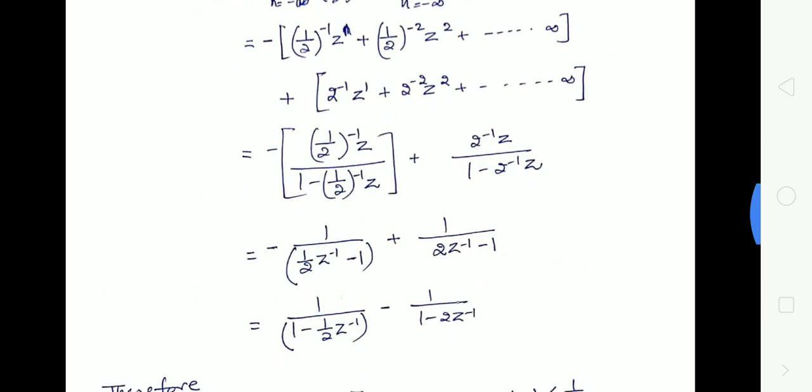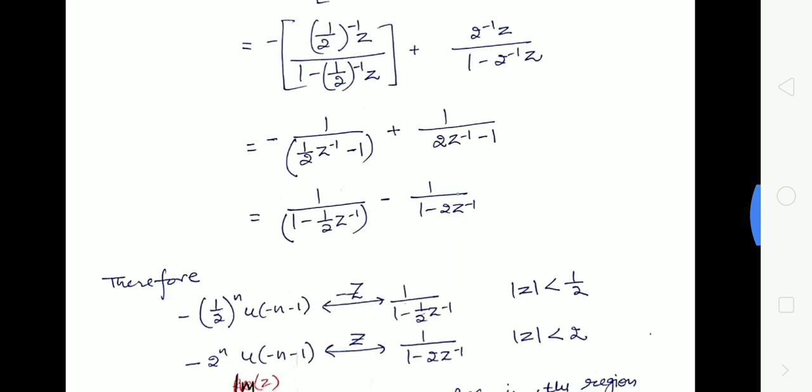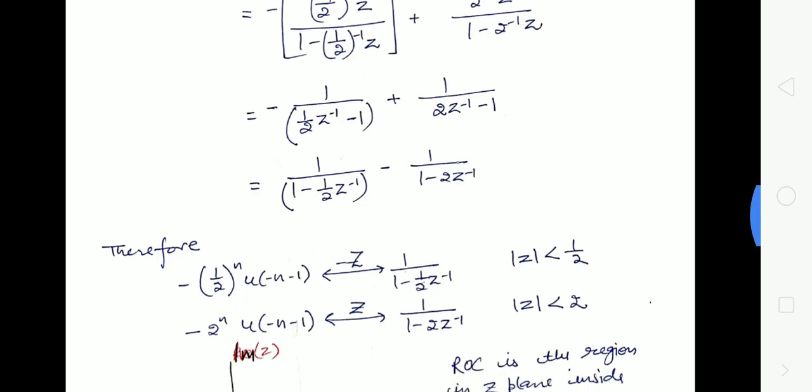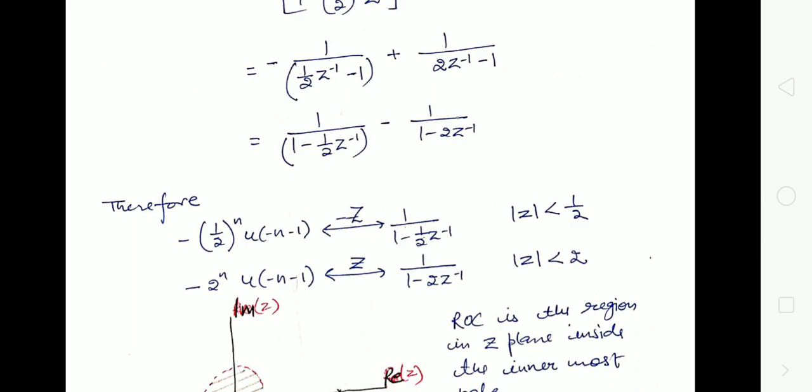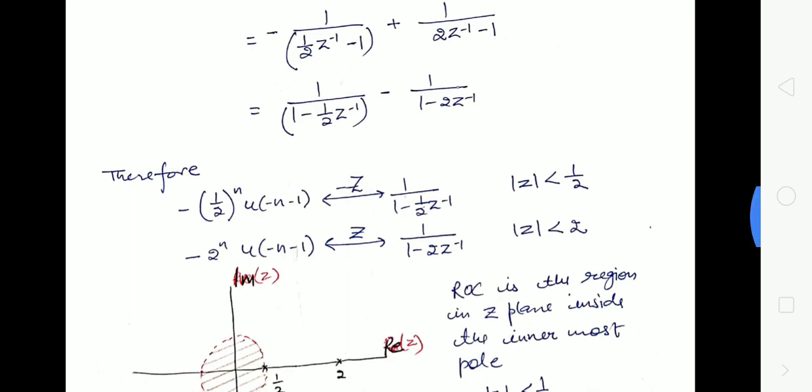After solving this, we get these two terms again, 1 upon 1 minus (1/2) z inverse minus 1 upon 1 minus 2 z inverse. Therefore, for the first term, the ROC is inside the circle of radius 1 by 2, and for the second term the ROC is inside the circle of 2.